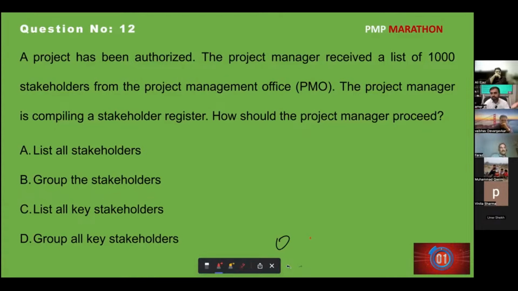So with the list, you don't need a list to list. What you need to do is group them, categorize them. The project manager is compiling the stakeholder register, and he received a list of 1,000. We do not need to list again. The list is there. That's why the question used the word list, that you already have a list of it. Now the next thing is categorization. Grouping. Yeah, grouping.